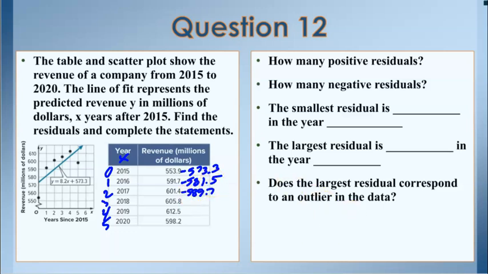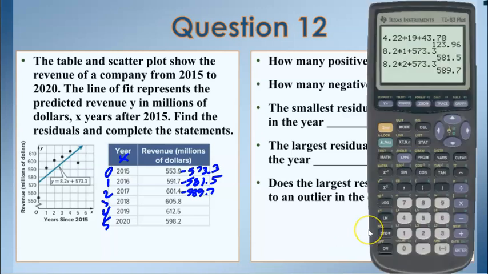Then our next one, we're going to put a 3 in for X. So 8.2 times 3 plus 573.3 gives us 597.9.